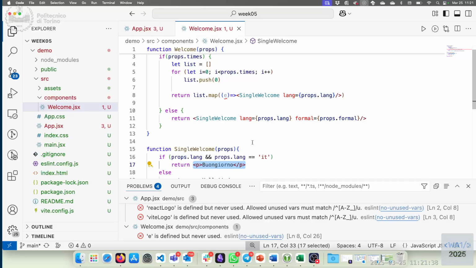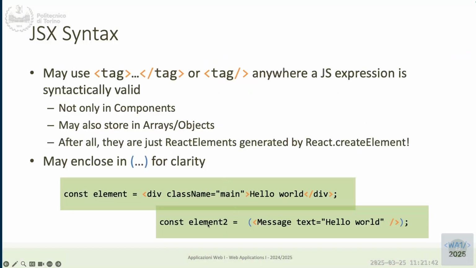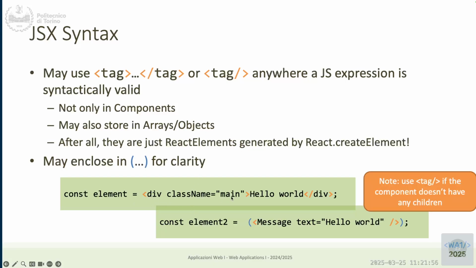But we could also take it and store it somewhere, like in a variable, and process it later. It's just an object, just a strange syntax for creating an object of type React element, but nevertheless an object that can be stored and used many times.